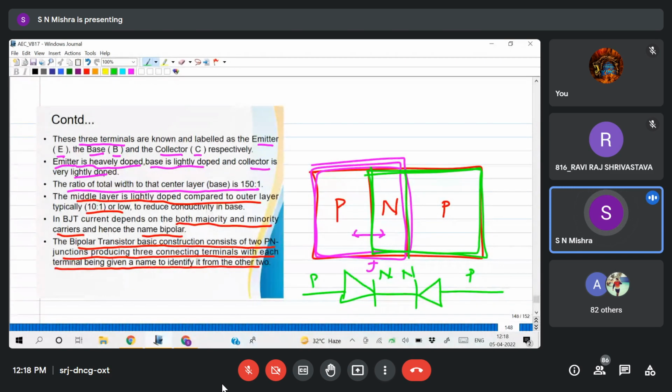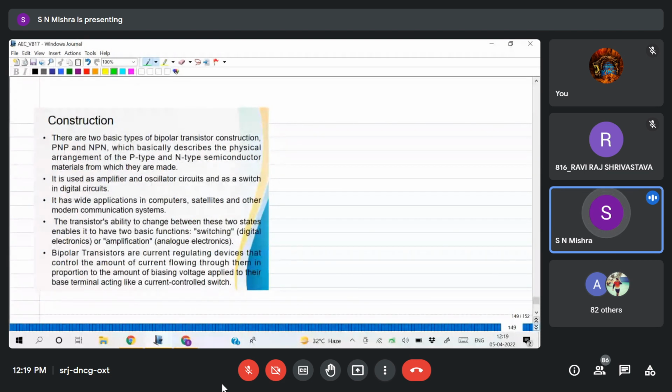Emitter is heavily doped and the base is very thin, 150:1 ratio. Doping ratio is 10:1. It is called a bipolar junction transistor or BJT because current is due to two types of carriers. And it has two junctions: emitter base junction and collector base junction.